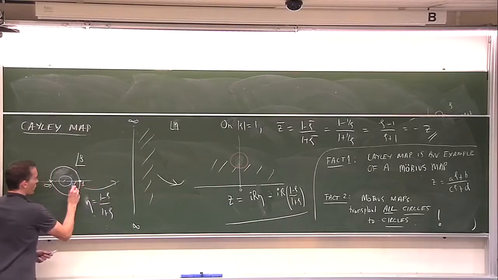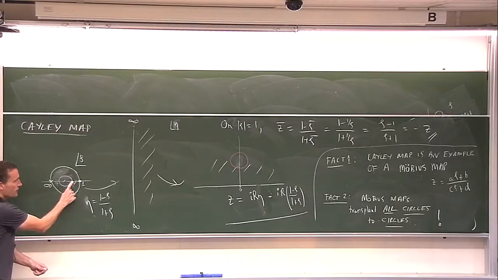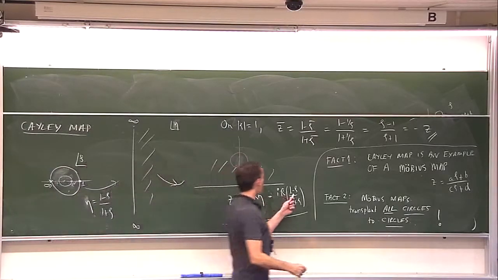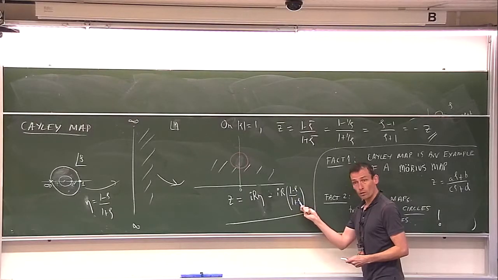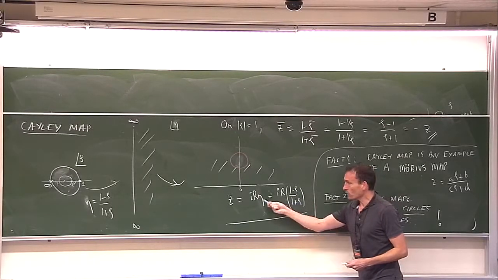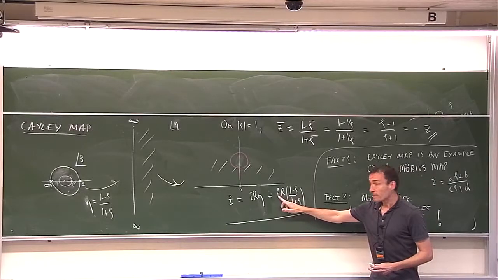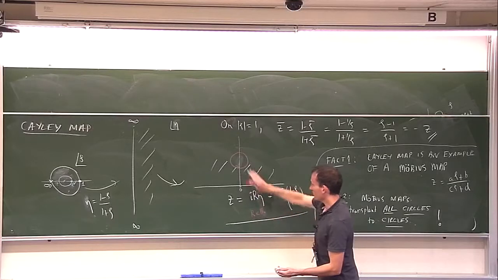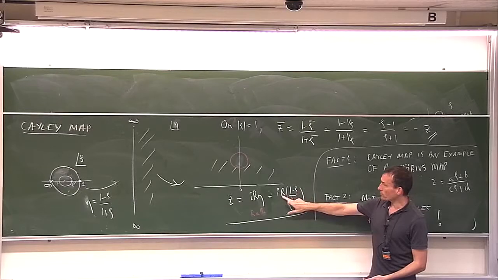Let's suppose this is rho and minus rho. Let's look at this point here, and let zeta equal rho. So I've got 1 minus rho over 1 plus rho. Rho is real, so what's the image point going to be? That's purely imaginary. I forgot to say, rho had to be real here in order for it to look like that. 1 minus rho over 1 plus rho is real, and the result is purely imaginary.